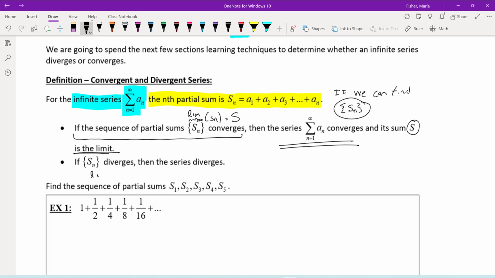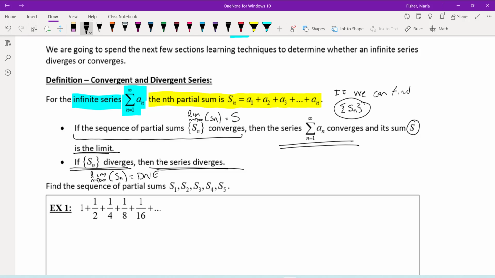And if the limit as n goes to infinity of s sub n does not exist, if that sequence diverges, then your series diverges. So the sequence of partial sums can tell us whether a series converges or diverges. Again, we know how to determine if a sequence converges or diverges.